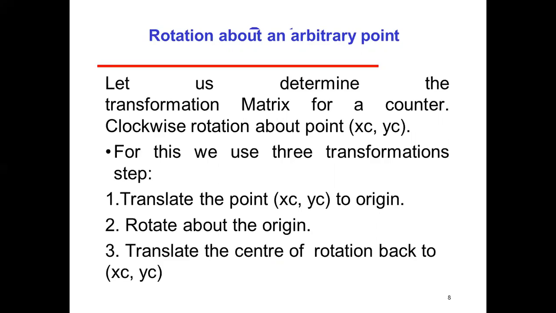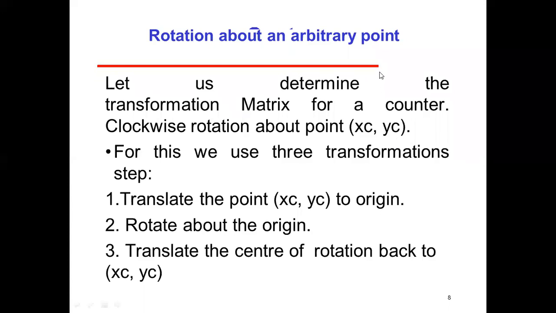So we know what the arbitrary point is and what the origin is. Let us determine the transformation matrix for a counterclockwise rotation about point xc comma yc. So here xc and yc are the new points and we want to rotate our object about this point.